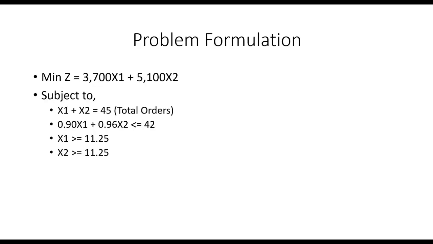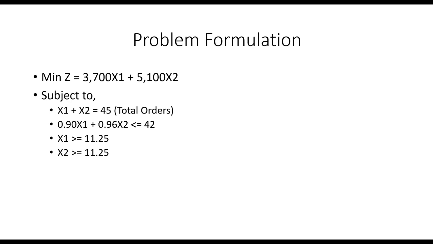When everything is rearranged correctly, we have our standard problem formulation right here. Minimize Z equals 3,700 X1 plus 5,100 X2, subject to these 4 ideas.